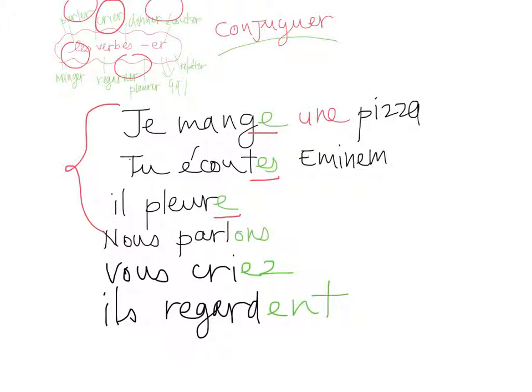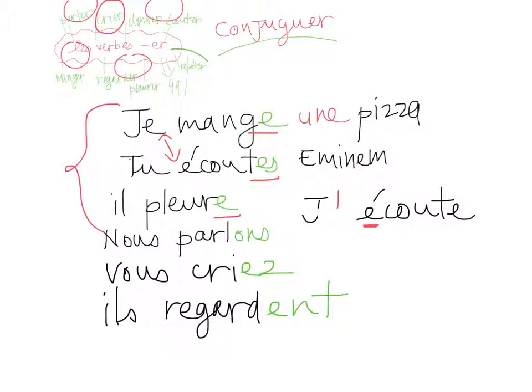But there is something in particular. Let's pretend we are using these two together. So this gives us je écoute, right? Because there is a vowel for this word, we have to get rid of the E at the end. This only applies for je. So we say j'écoute.